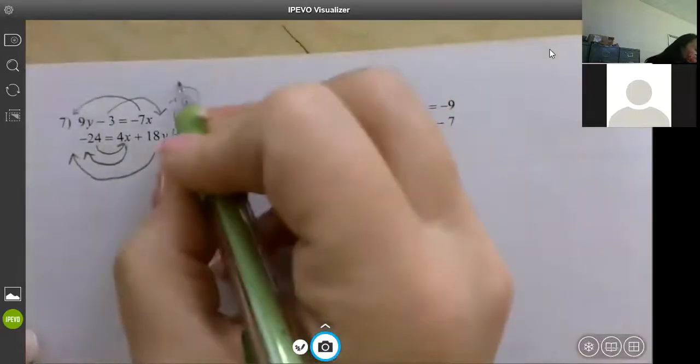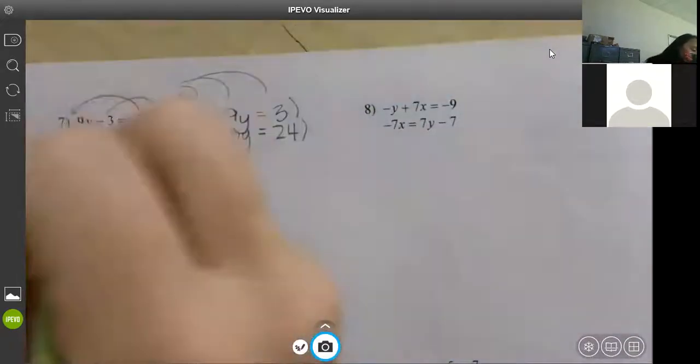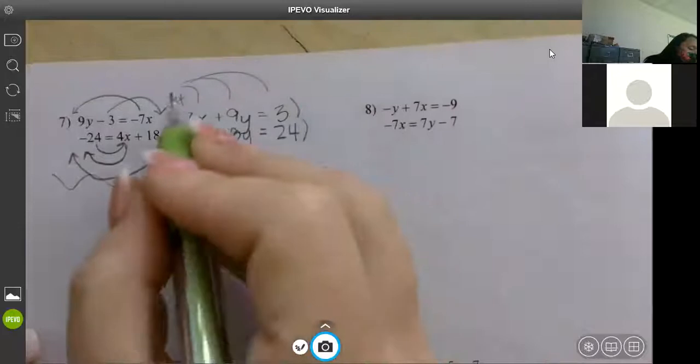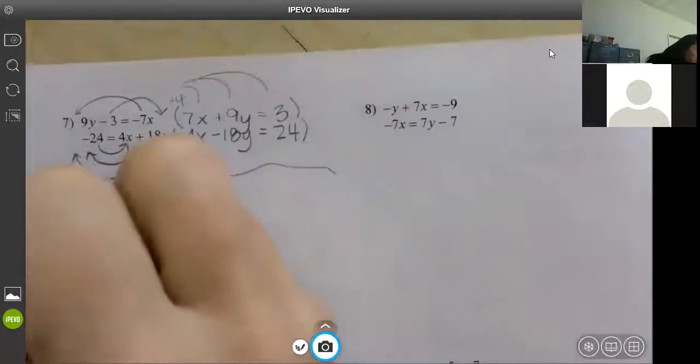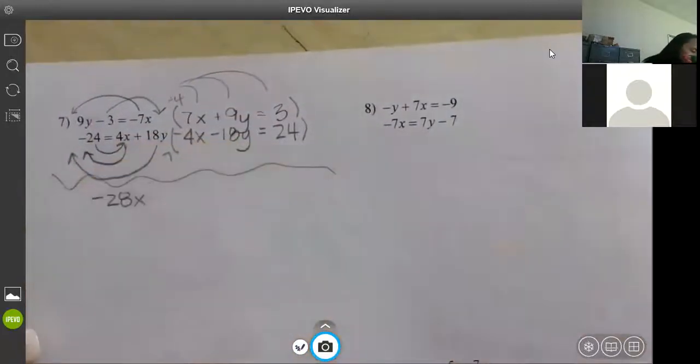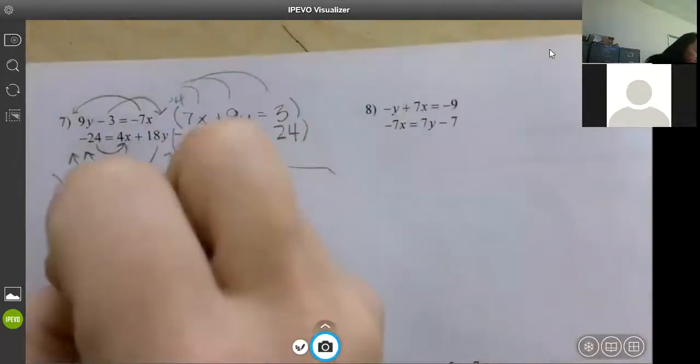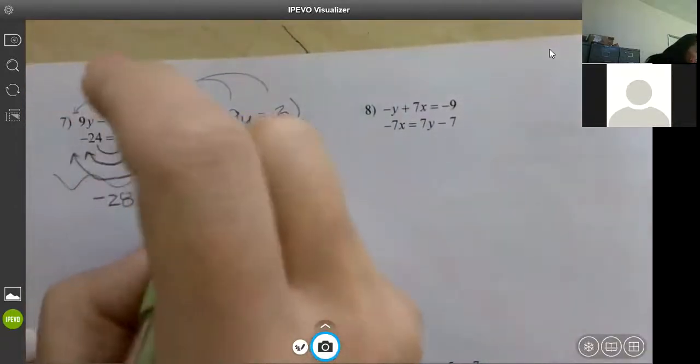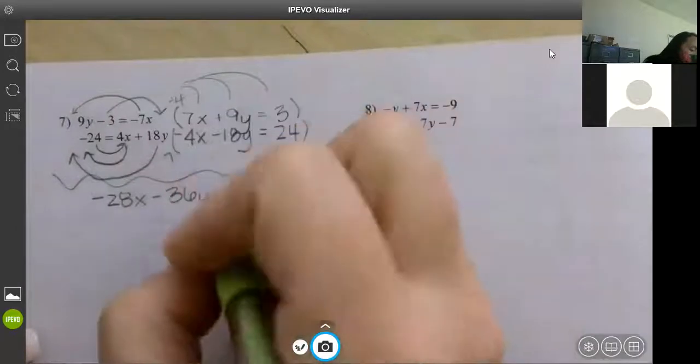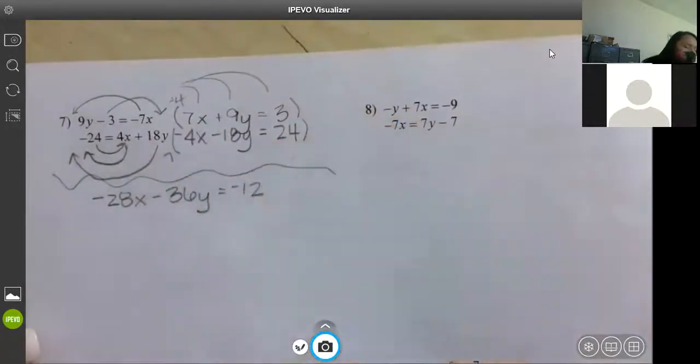Once you switch the front two, distribute. So here's our new equations. Negative 4 times 7 is negative 28x. Negative 4 times 9 is negative 36y. And negative 4 times 3 is negative 12.